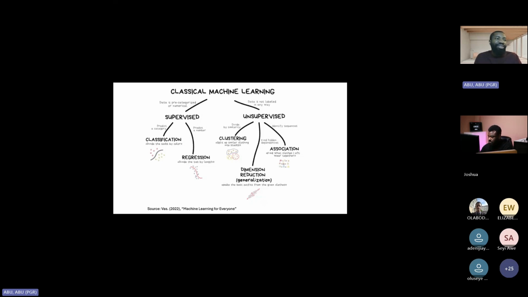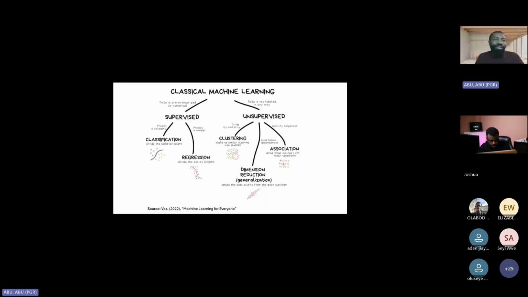And then the machine is now trying to learn the link or the nexus between the inputs and the outputs. That's supervised learning. But in unsupervised learning, you're just throwing the data at the machine and telling it, give me whatever you can find from this data. Just work out something and give me something, right? So you're not explicitly telling it this is what the output looks like, right? You're just giving it inputs and then telling it to give you some kind of categorization or a mapping, right, of that data space.